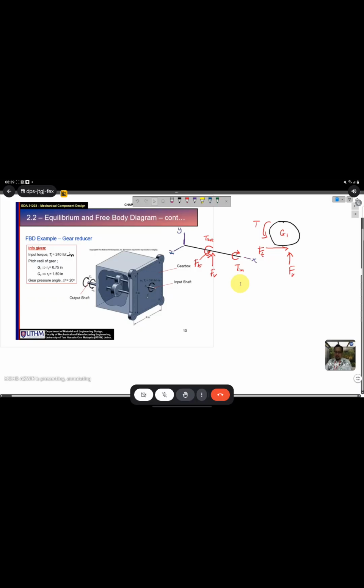Okay, and then after that, because this shaft will be supported at bearings B and A, we will have a reaction force. This one is the action force, FT and FR, because this one is direct from the top here.